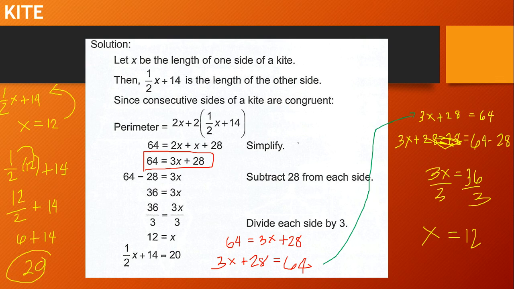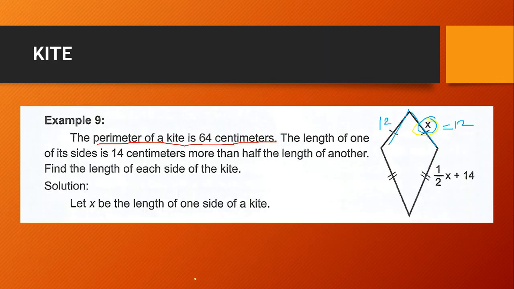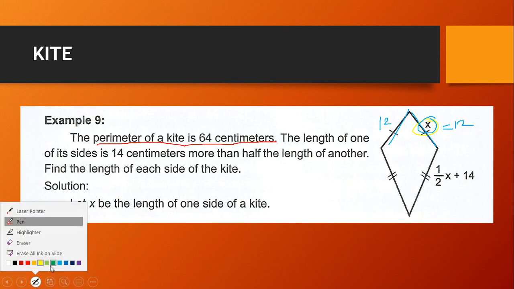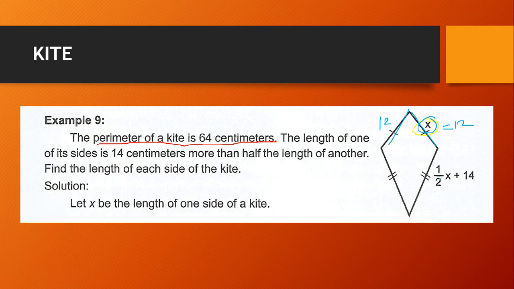Okay? So it means that 1/2 x plus 14 equals 20. Kung 20 dire, of course dire, it is also 20. So how are we going to check if our solution is correct? So all you have to do is to add these 4, no?